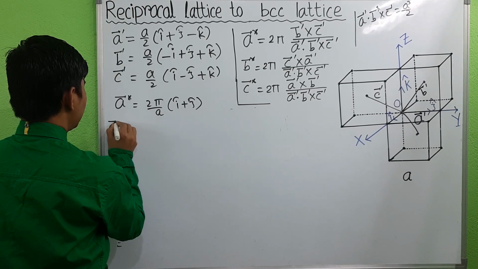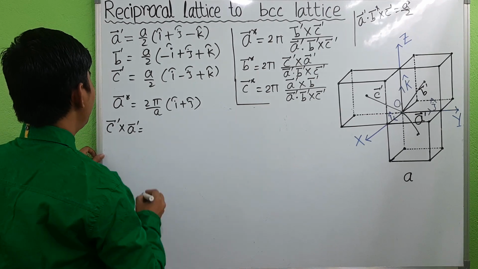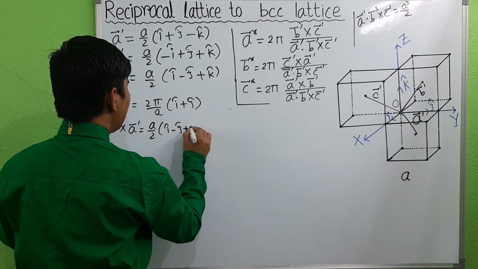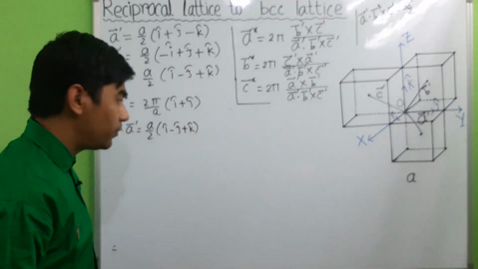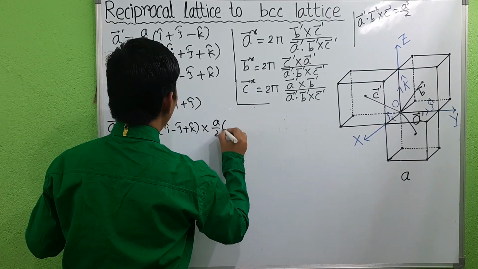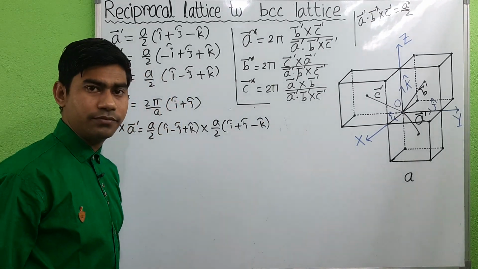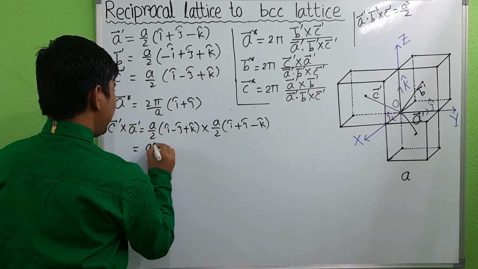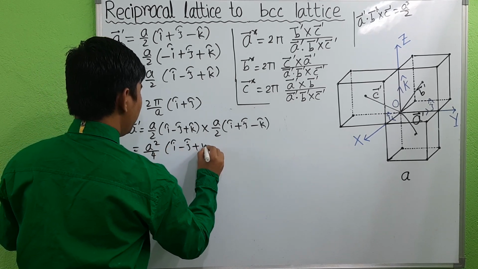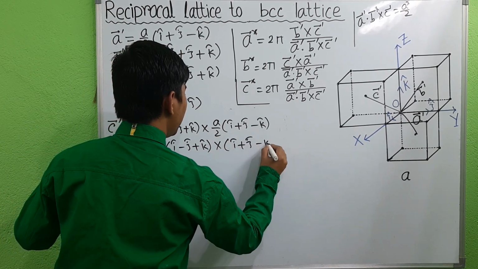The value of c vector dash cross a vector dash equals c vector dash, which is a by 2 (i cap minus j cap plus k cap), cross a dash, which is a by 2 (i cap plus j cap minus k cap). So this equals a square by 4 (i cap minus j cap plus k cap) cross (i cap plus j cap minus k cap).